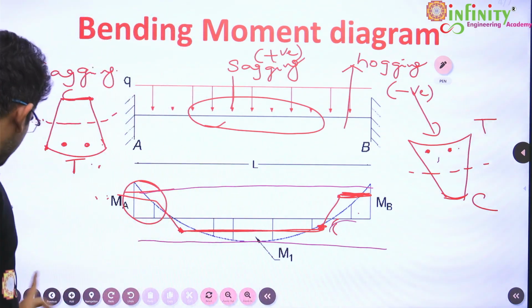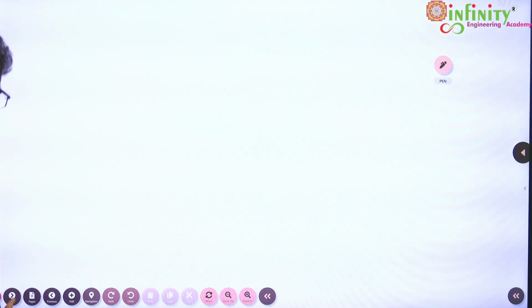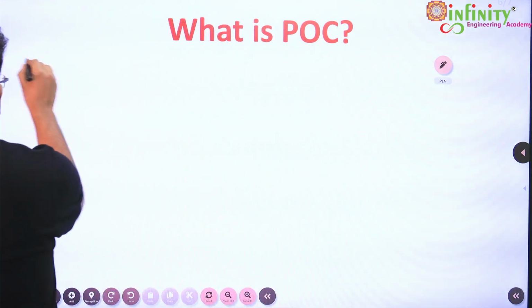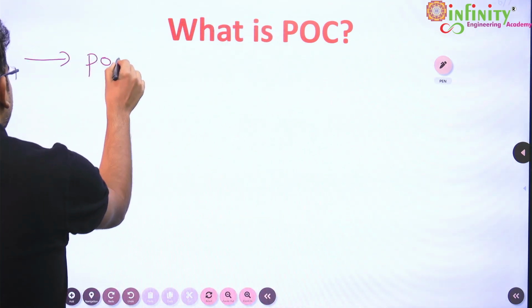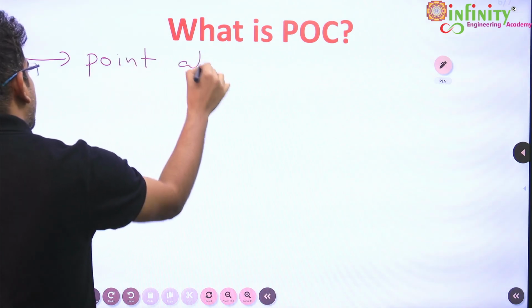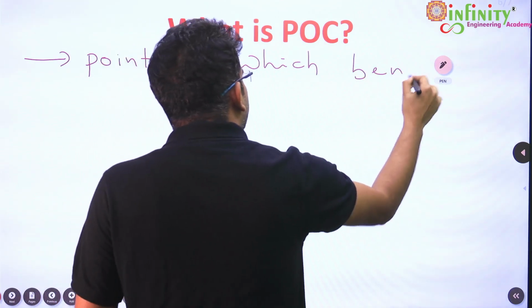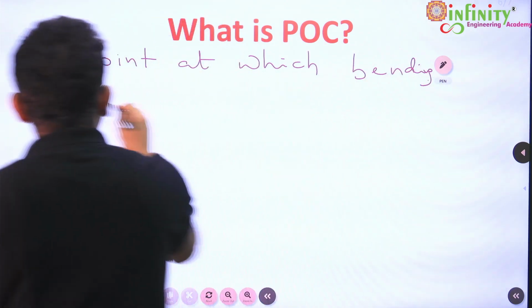Now, if you see the point of contraflexure, what is the point of contraflexure? It is the point at which bending moment changes its sign.